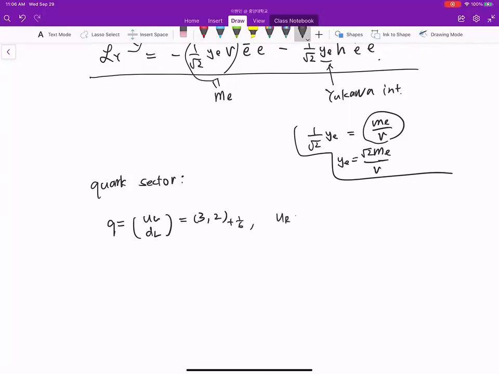For the lepton sector there is no right-handed neutrino, but here we have right-handed fields for both up and down. So this is our representation.